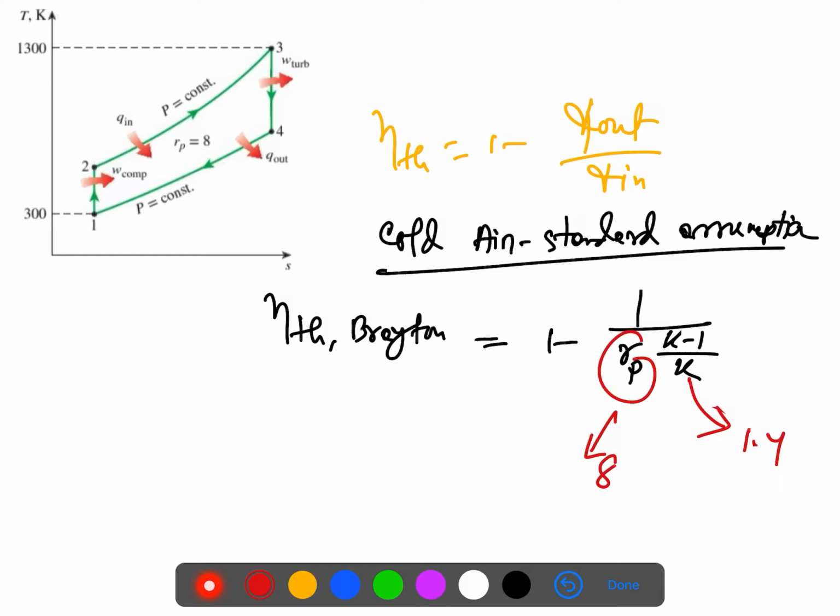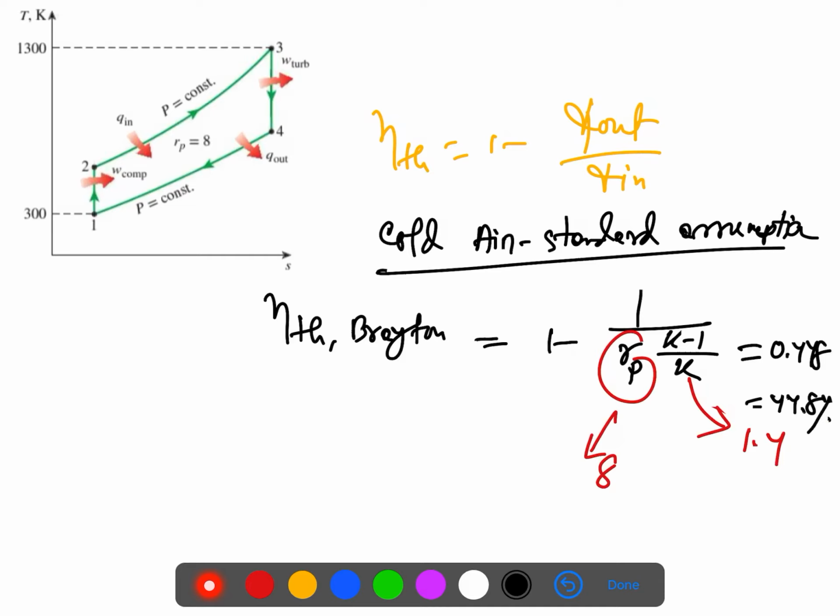So if you substitute these values here, Rp is 8 and K equals 1.4, if you solve it, you will get 0.448 or 44.8%.